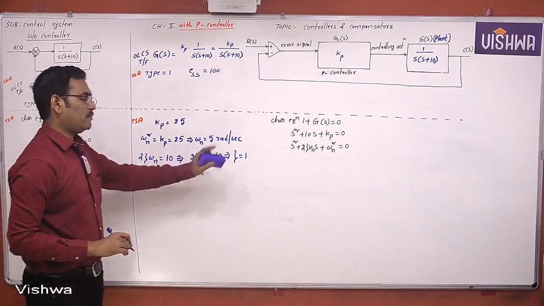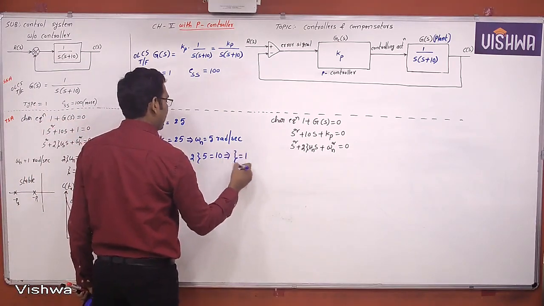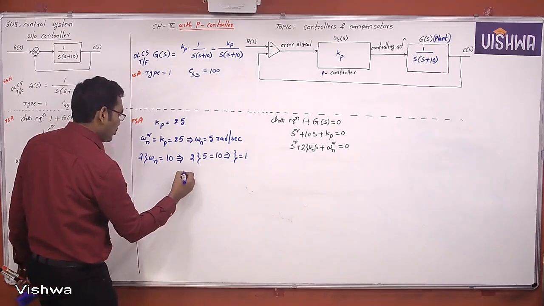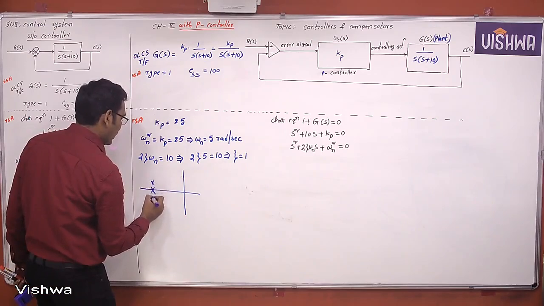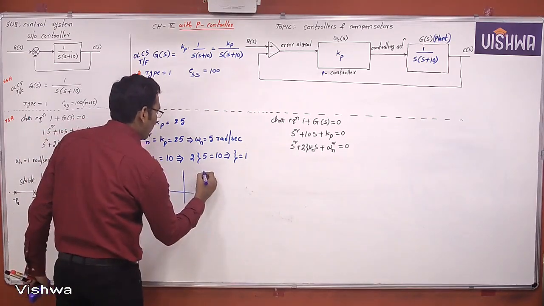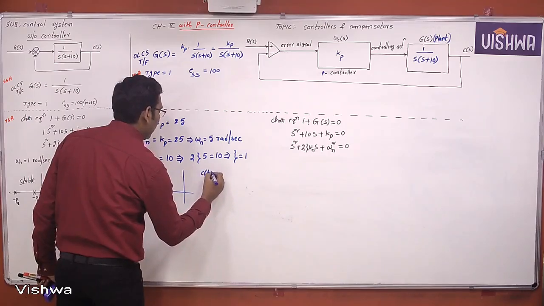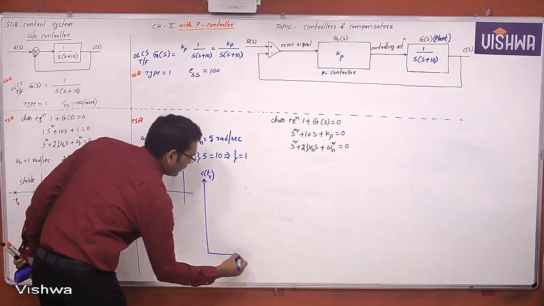When zeta equal to 1, where are the poles located? These are repeated poles on the negative real axis. This transient response is called a critically damped response, when damping factor zeta equal to 1.